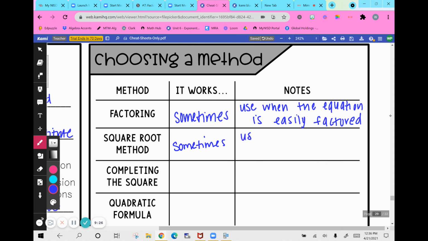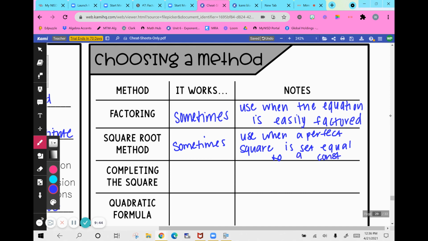So you can use this when a perfect square is set equal to a constant.